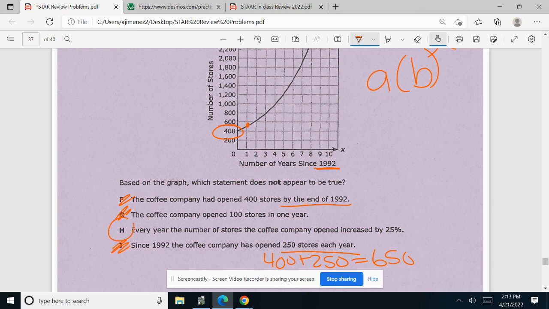So that's out. Wait, that is out. That is the answer, right? Because Miss Jimenez is looking for what's false. It said does not appear to be true. So it should be J because that's the one that's completely off. I don't know about H, but I do know that it's increasing. Okay.